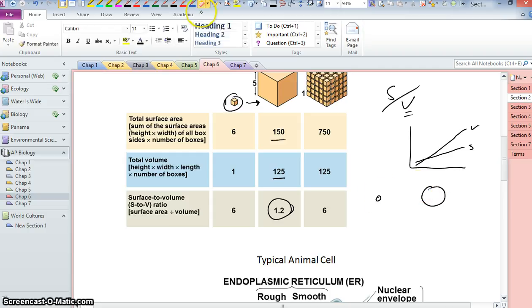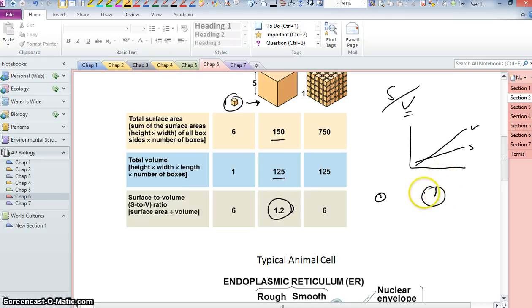Cells have to get things in and out of them. When you think about being in the center of a cell, or somewhere deep inside the cell, when the cell is larger, you are further from the edge, further from the cell membrane. That's a greater distance over which things have to move.